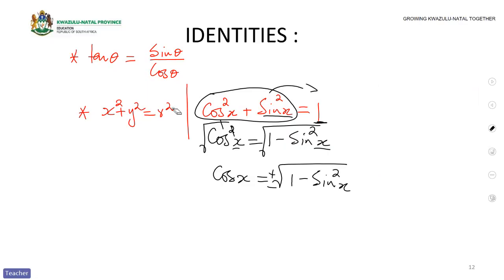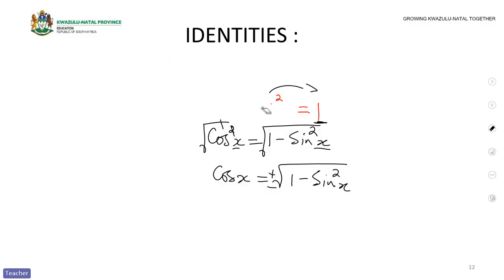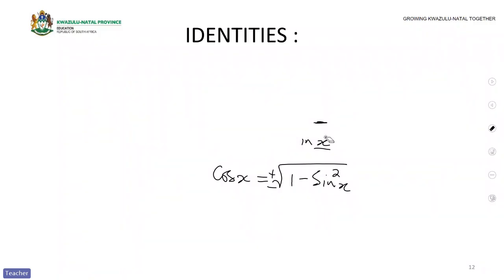We also further engaged on the other identities. We spoke about the compound identities and the double identities as well. Just to recall what we said about those identities, so that whenever we apply them, we know what we are applying.